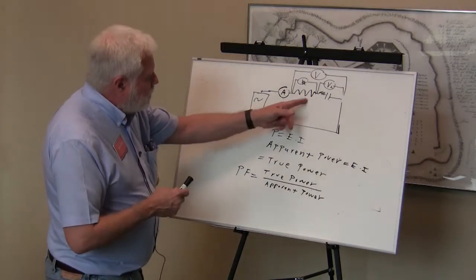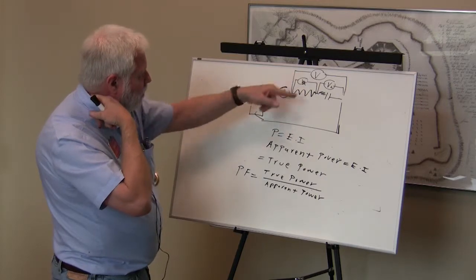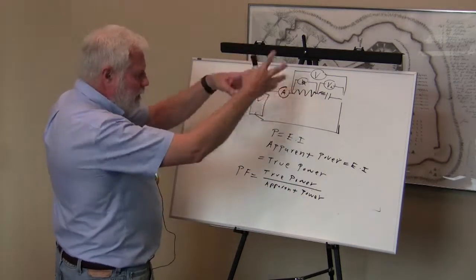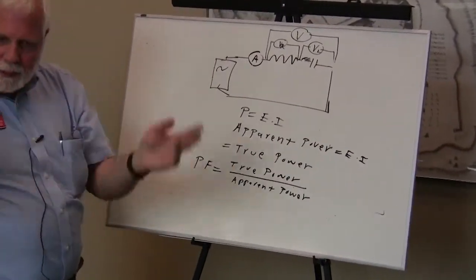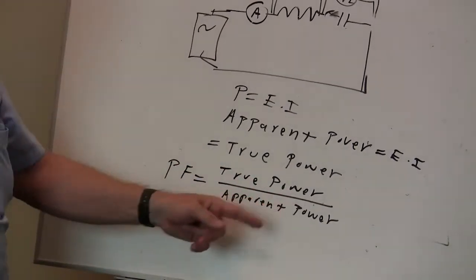So we've got a circuit that has a resistor and a capacitor. We measure the current through the whole thing and the voltage across it. We compute the apparent power, but then we put this thing in some sort of chamber and let it heat up and see how much power is really being dissipated. We discover that the true power is less than the apparent power.